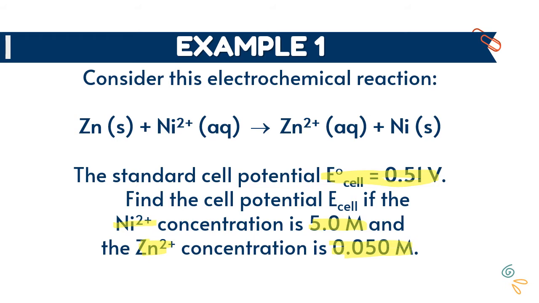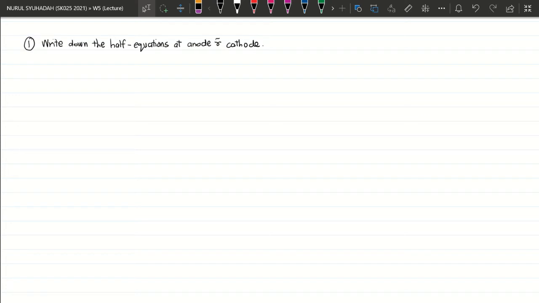So before we go on solving this question, I will give you the general steps on how to answer questions regarding the Nernst equation. Okay, so let's take a look at all the steps, one by one. First, write down the half equation at anode and cathode.